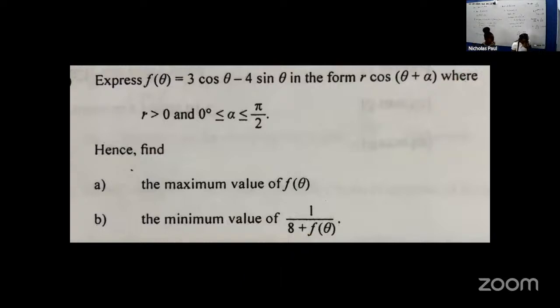How much did I get? I add maximum. I'm okay.